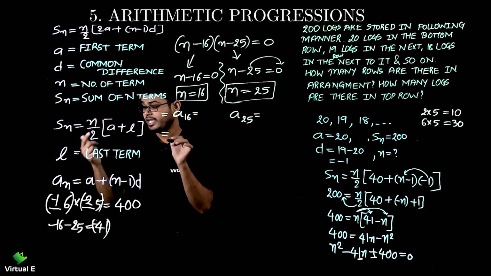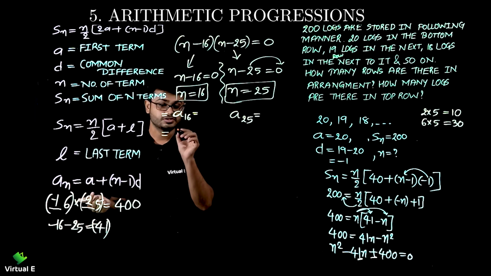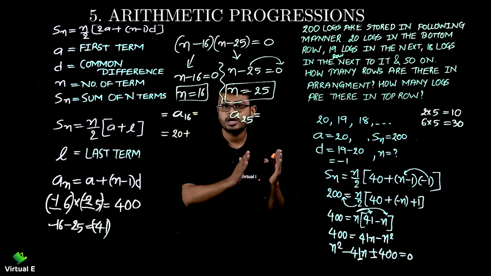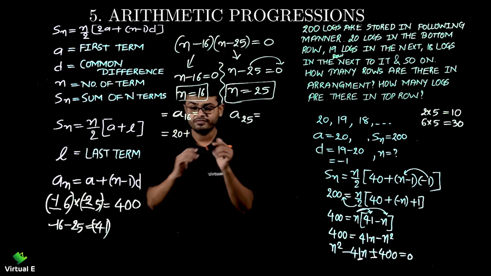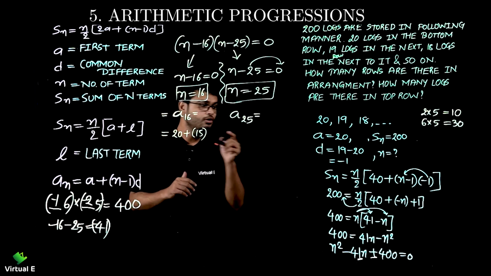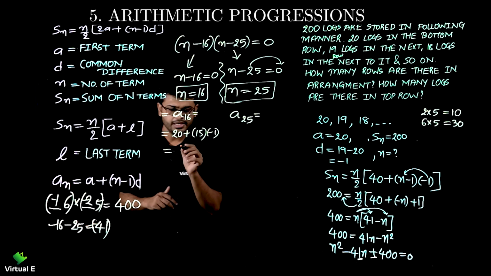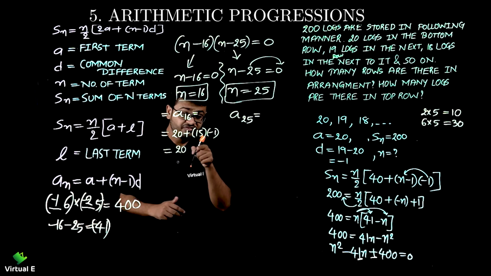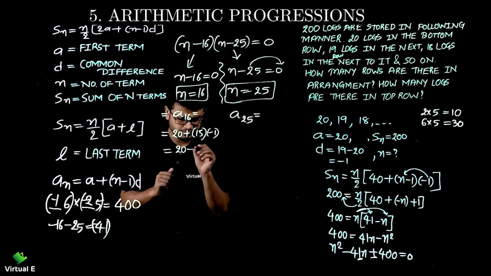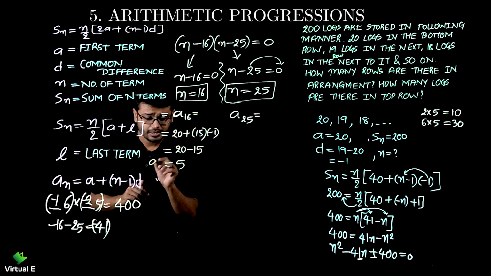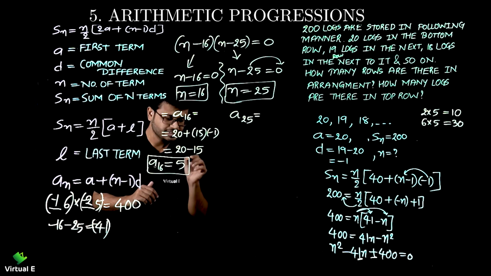A16 is a plus n minus 1 times d, so 20 plus 16 minus 1, which is 15, and the value of d is minus 1. So 20 and 15 multiplied by minus 1 will give you minus 15. So only 5. A16 is 5. Okay, so that's my one answer.